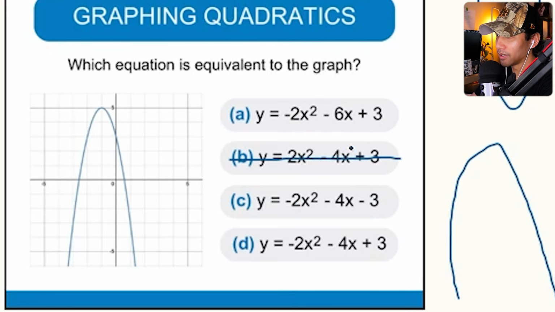So given that the y-intercept is when x equals 0, we have a plus 3, we have a negative 3, and we have a plus 3. Just looking at this graph, we know it's on the positive side. So we can get rid of C. Okay?